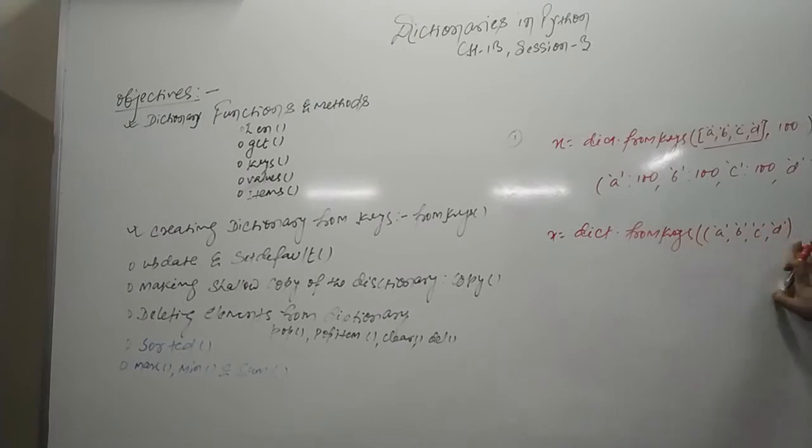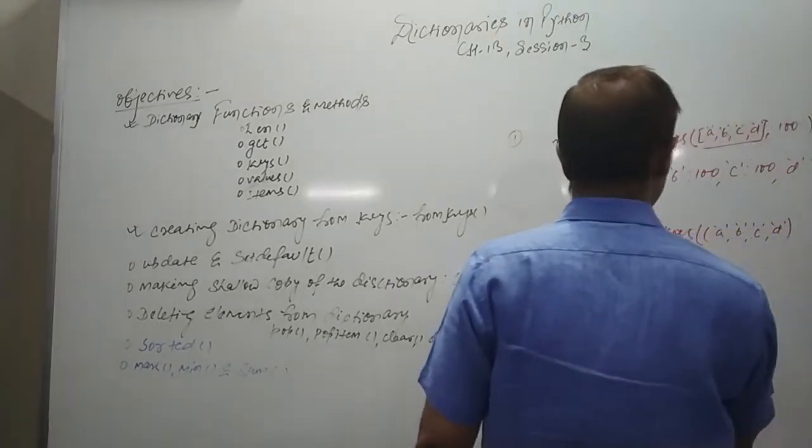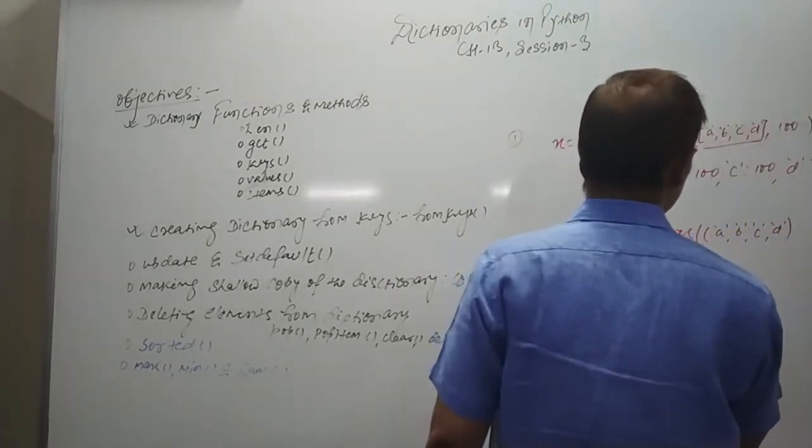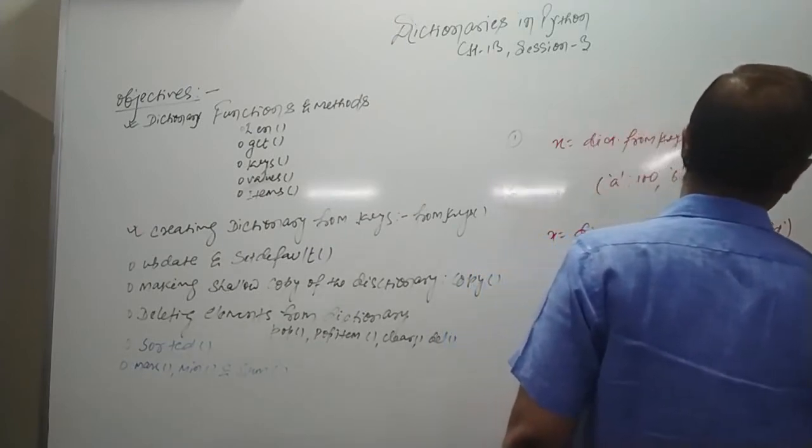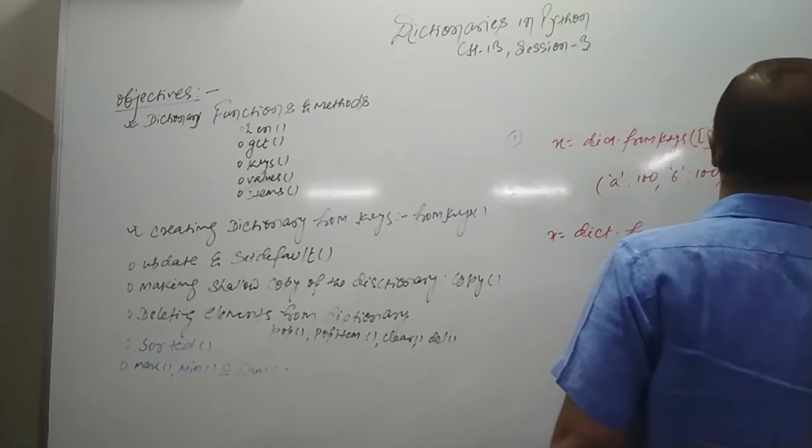It means I'm not giving any value like what I did earlier, comma 100, where every key got the value 100. Here it will create a dictionary like this: A colon None, then again B colon None. So the value is None in every case.